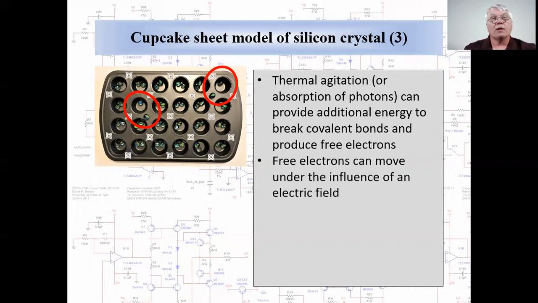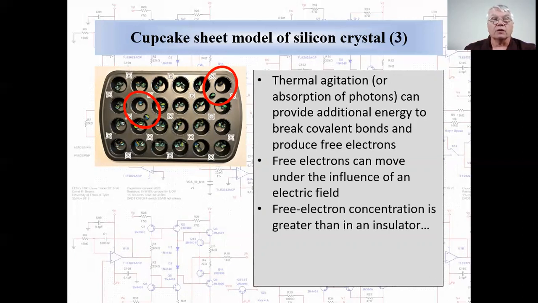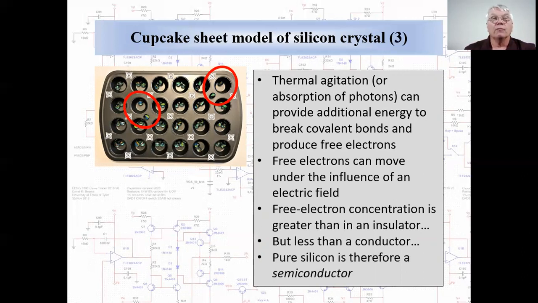Now, just as free marbles will roll easily in the presence of a gravitational gradient, free electrons move easily in the presence of an electric field. There are some free electrons, unlike an insulator, but there are fewer than in a conductor. So silicon is therefore neither an insulator nor a conductor, it's a semiconductor.